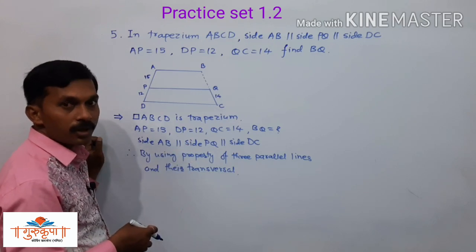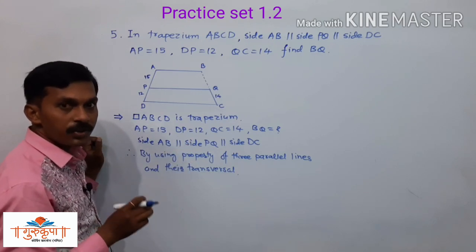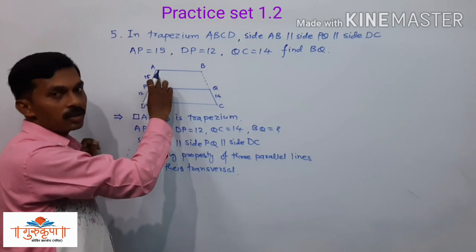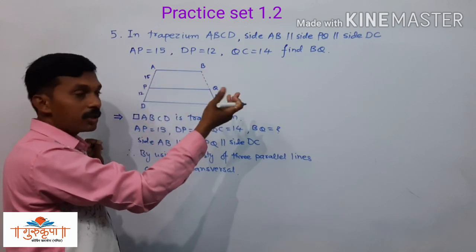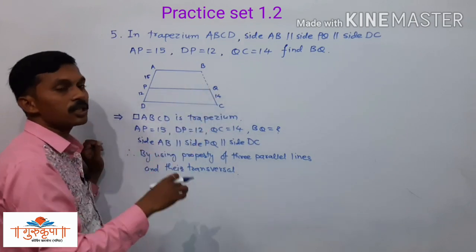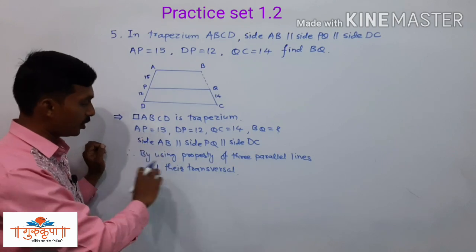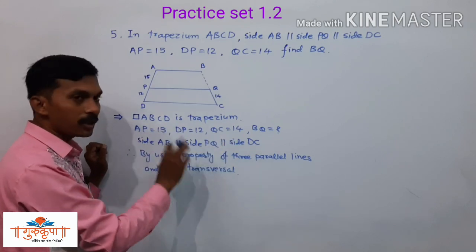The actual property is: if three lines are parallel to each other, then the ratio of the intercepts made on a transversal is equal to the ratio of the corresponding intercepts made on another transversal. That is the property, but we are not going to write the whole property here.